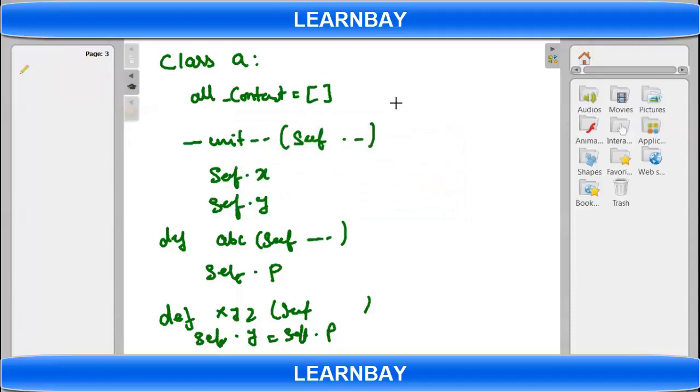So this is clear, right? Now, if I want to create one object of this class A, what will I write? obj1 equal to A, and then I call the constructor.